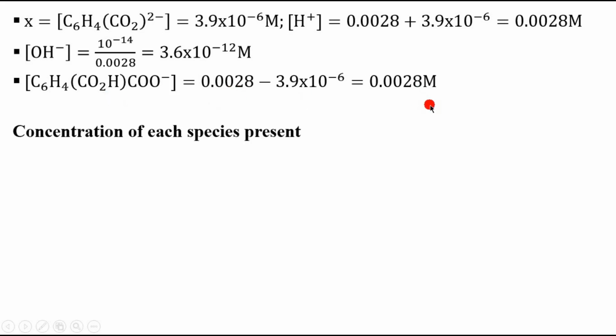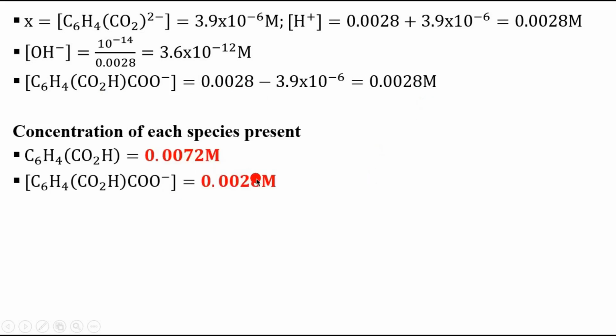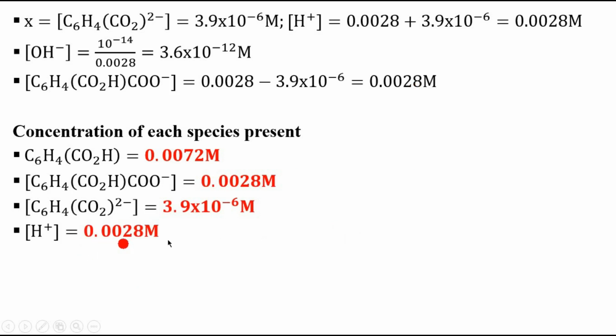So the concentration of each species present, we have this one, we also have this one, which is this one, we also have this one, and we also have this one, and we have also the hydroxide. So these are the concentrations of each species that will be present at equilibrium, as was asked. That was question number 2.